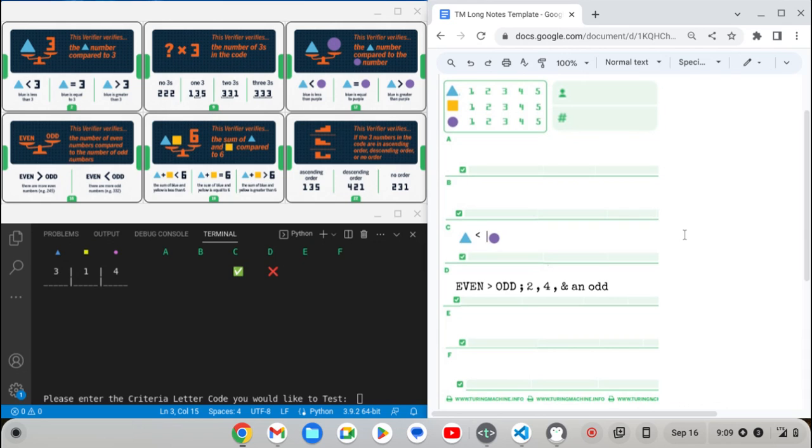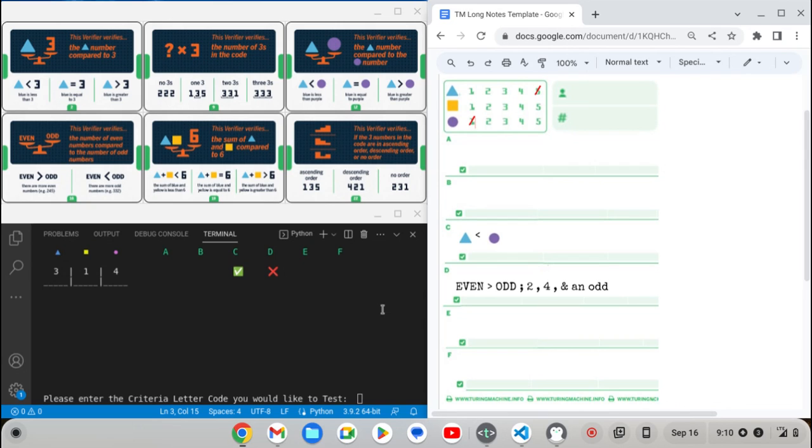All we can say is that, yes, triangle must be smaller. So that means that triangle cannot be a 5, because if it were a 5, there's nothing bigger for circle to be. And then circle cannot be a 1, because if circle were 1, there's nothing smaller that triangle could be.